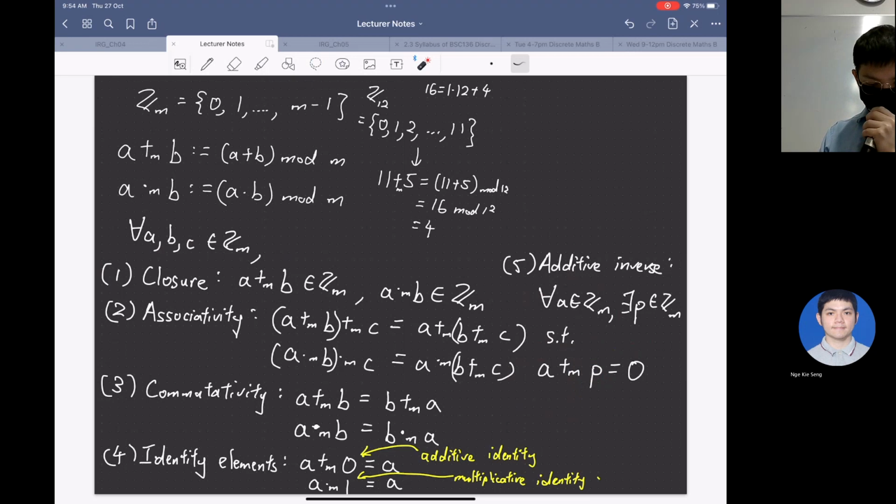Maybe I give you a clue. In the integers, you just take A plus minus A, you get 0. But negative numbers are not in this set. So what do you do?